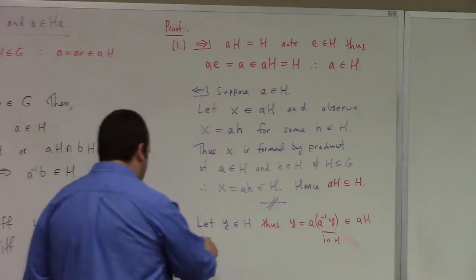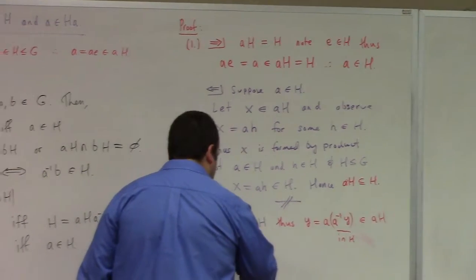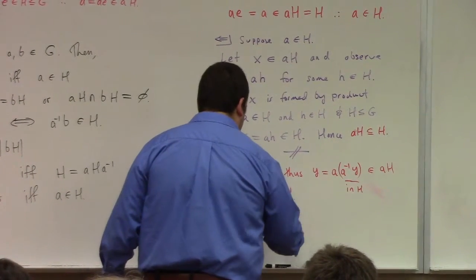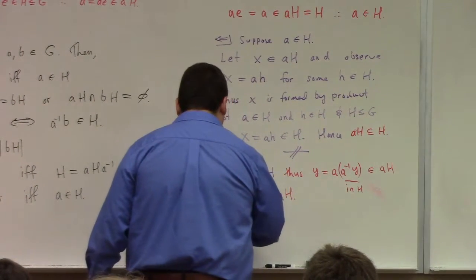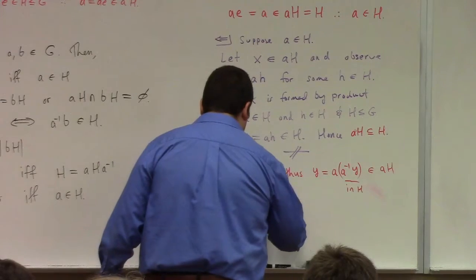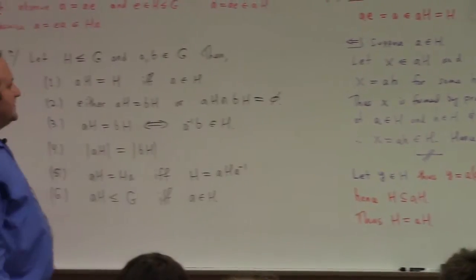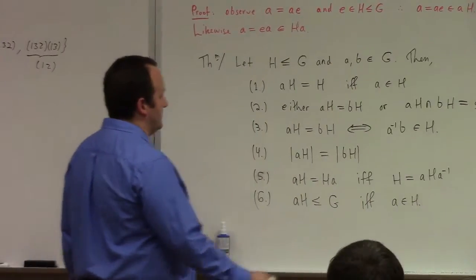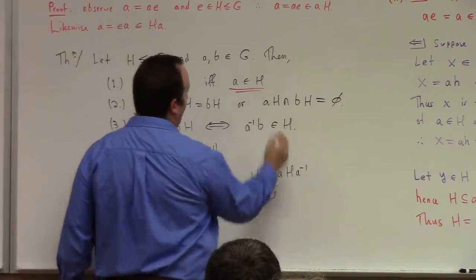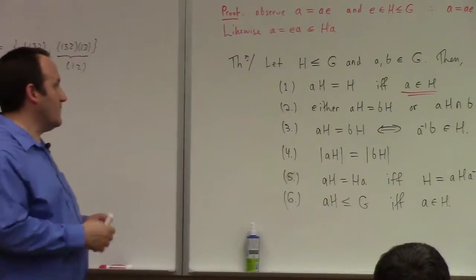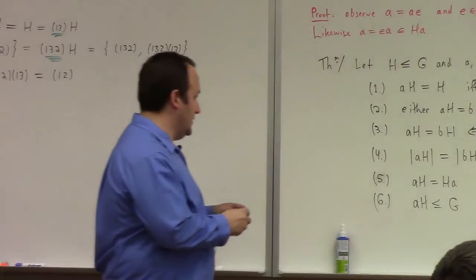Hence, H is a subset of aH, right? So therefore, H is equal to aH. Again, this presupposes what? Right? a is an element of H. Let's look at two.